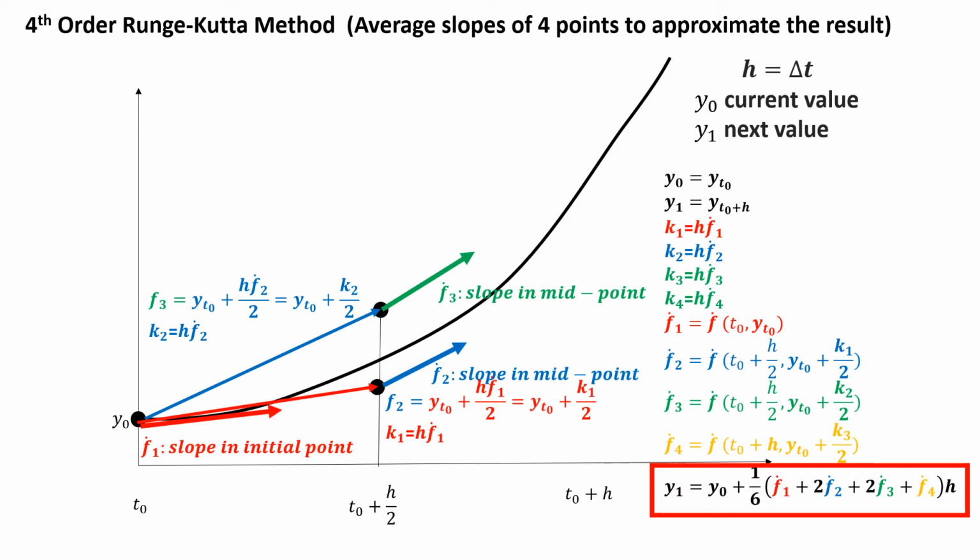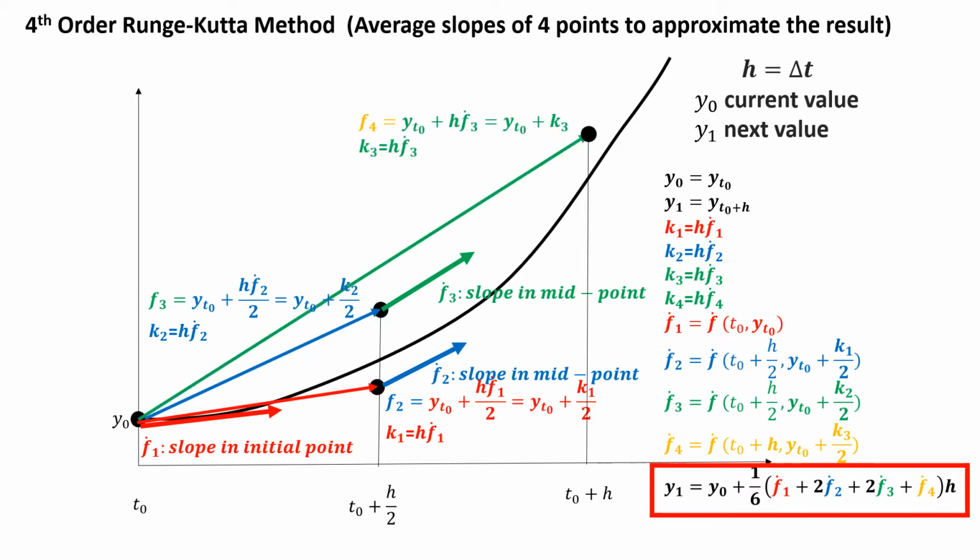So if I have the value here, I can use this point value to estimate the slope. So I will get the third slope here. Then after I get the third slope, I can use it to estimate the point after the time h, t0 plus h.